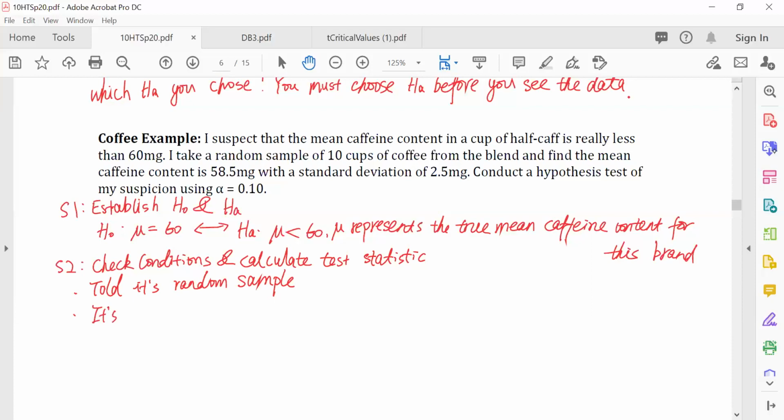Even though you violate the assumption a little bit, you are still going to be okay. So we don't know if it's normal or not, but it's reasonable to believe that it's going to be at least symmetric.